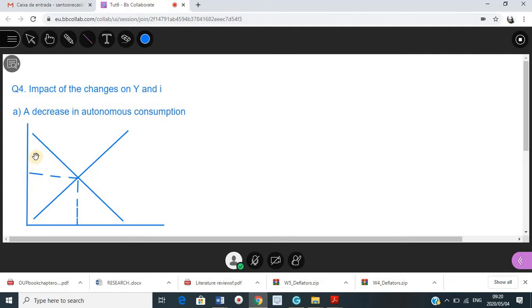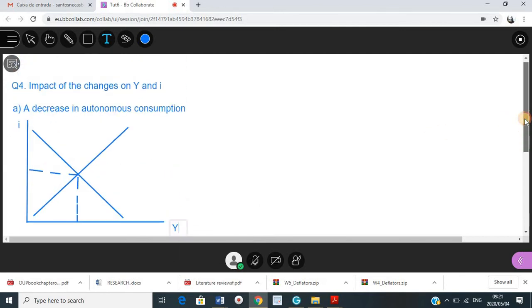I'm not good at drawing, you already know that. So this is our I, this is our Y. Okay, if autonomous consumption falls, we know that autonomous consumption is a component of the goods market, which is IS, in other words.